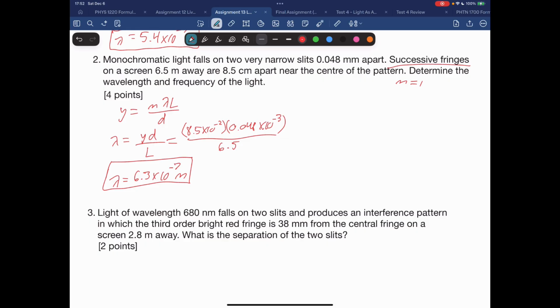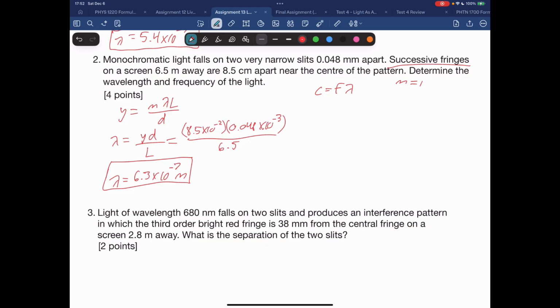Now, to find the frequency, I will use our wave equation. However, this is the one specifically for light or electromagnetic waves, because I've replaced the v for wave speed with c, the speed of light.